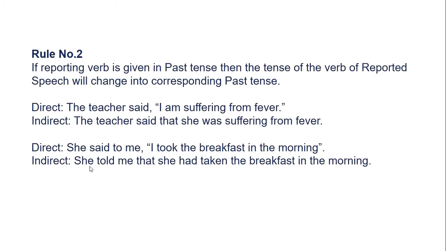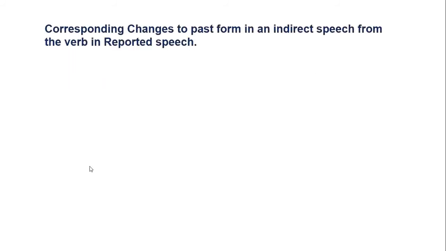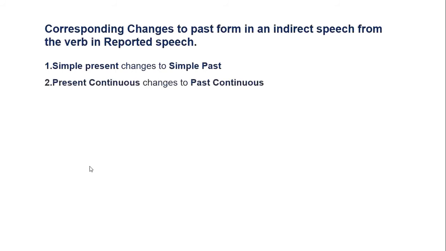She told me that she had taken the breakfast in the morning. Now, corresponding changes to past form in an indirect speech from the verb in reported speech. Let's see some rules. Simple present changes to simple past. Okay. Present continuous changes to past continuous. Present perfect changes to past perfect.